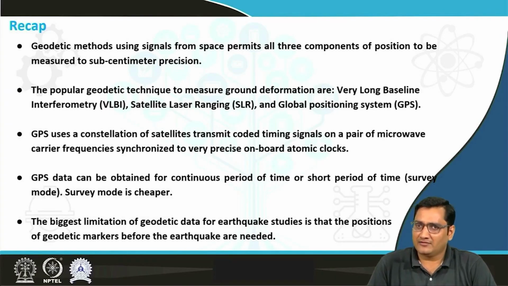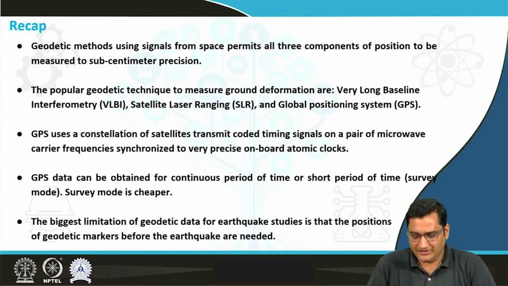And there are some popular techniques for geodetic data to measure ground deformation. First one is very long baseline interferometry, in short known as VLBI. Second one is satellite laser ranging, in short SLR. And then the most popular one is the global positioning system, that is GPS.